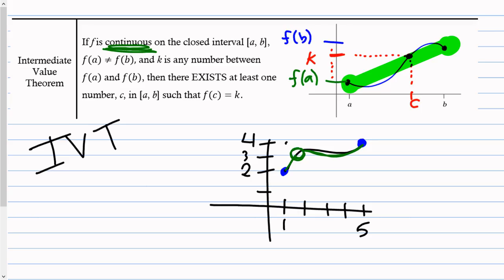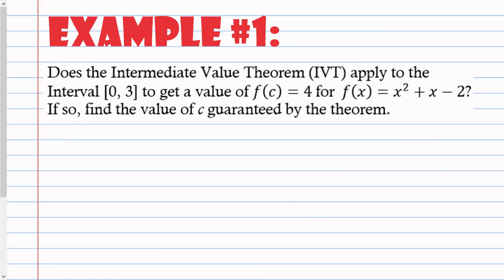Okay, so now we're just going to put it to use. Example 1: does the intermediate value theorem, or IVT, apply to the interval from 0 to 3 to get a value of f of c equals 4? In other words, does this function equal 4 at some point, and if so, is the x value at which it equals 4 between 0 and 3?